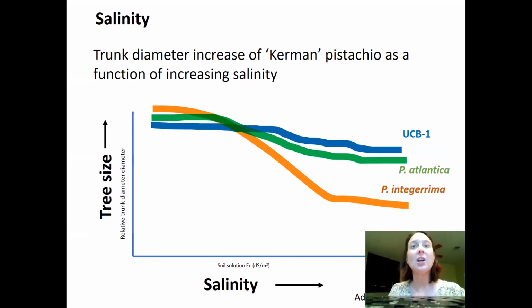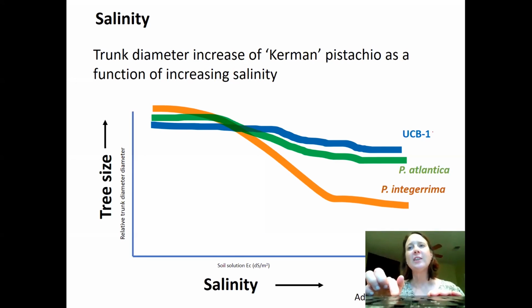These rootstock trials also allowed researchers to evaluate how these rootstocks performed under increasingly saline conditions. In these studies, trunk diameter was measured on Kerman pistachio as the scion as a function of increasing salinity.